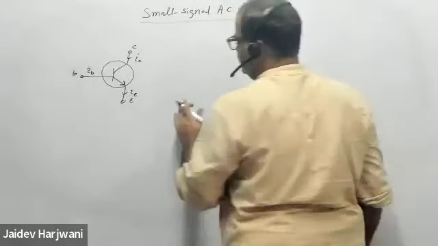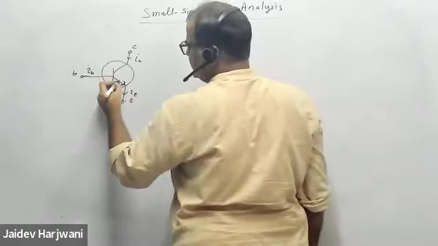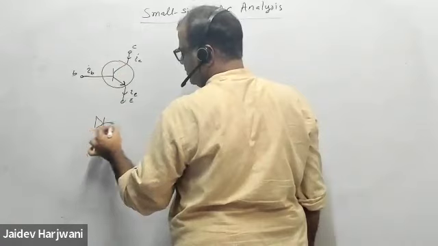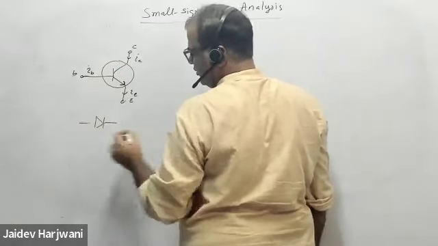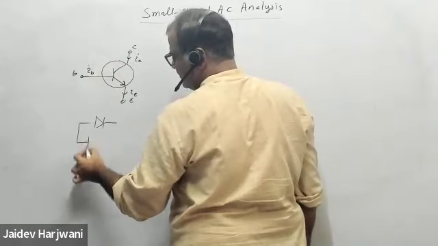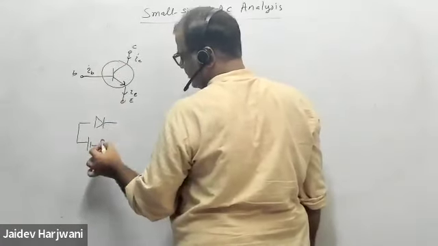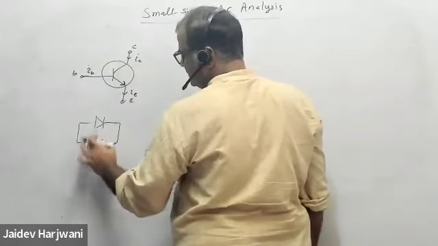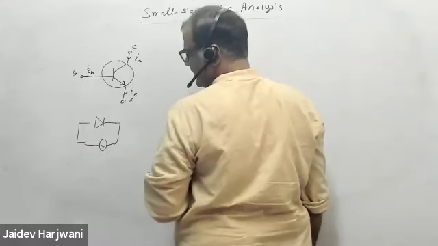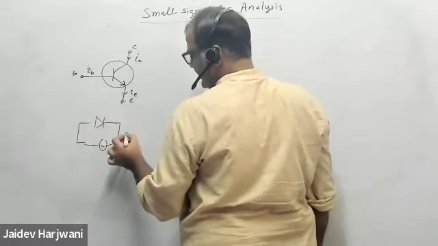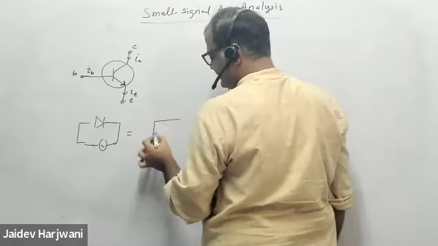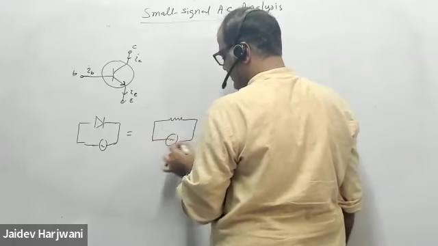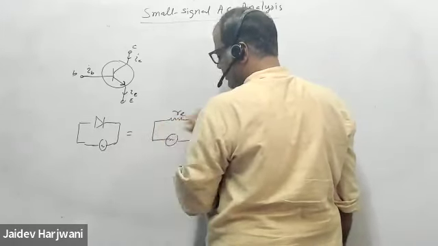Now I told you this is a diode, this junction, NPN. Whenever you have a diode, for small amplitudes, if it has a DC bias and you apply a small signal, then once I know the DC bias, I can do AC analysis, and I can replace this diode by a resistor called RE.